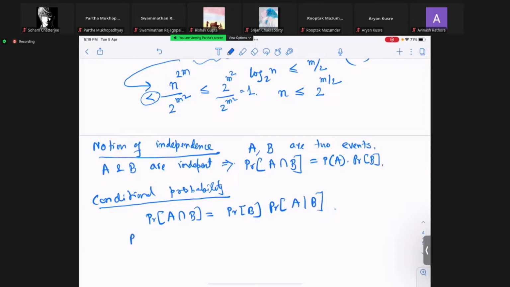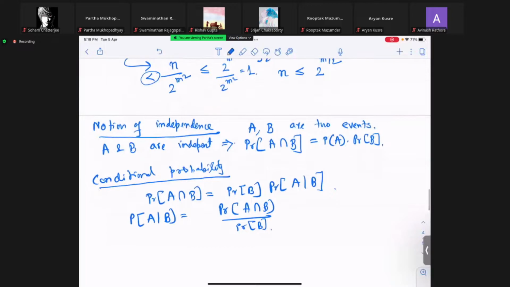So just revise these basic principles. Most of you are comfortable with this notion of independence and conditional probabilities. Is there anybody who wants to revise it?